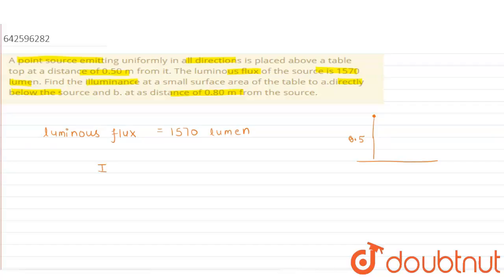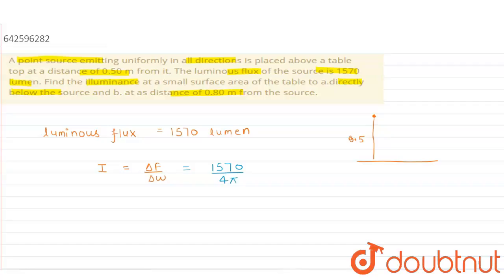So intensity, that is I, is equal to delta F over delta omega. This is the flux and delta omega is the solid angle. So put the value, the flux is given, that is 1570 and the solid angle is 4 pi.